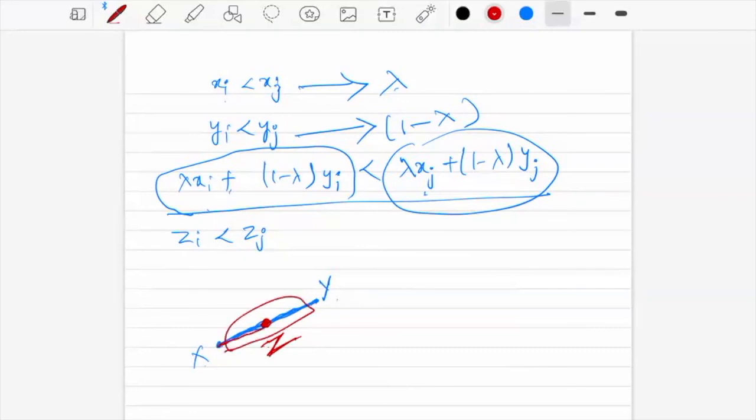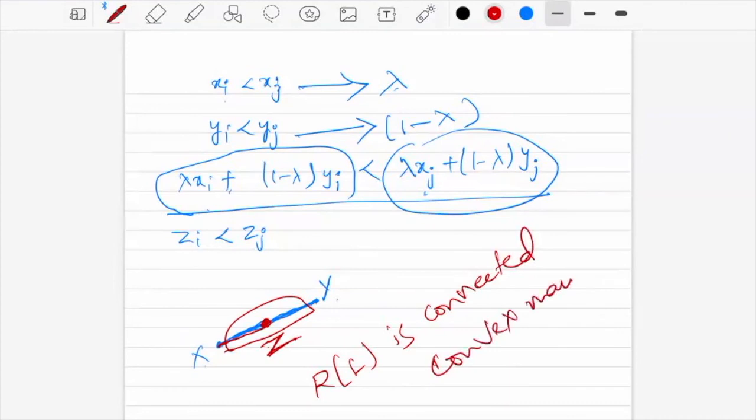And then from this I could say that R of L is connected in a convex manner. So we proved that the z instance lies in the same path as x and y, in a convex manner. So I can prove claim one, which is that R of L is connected.